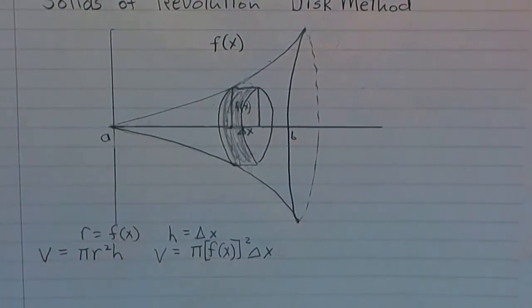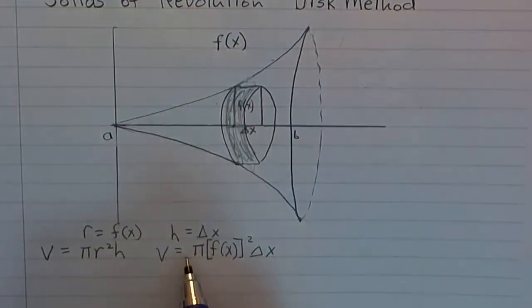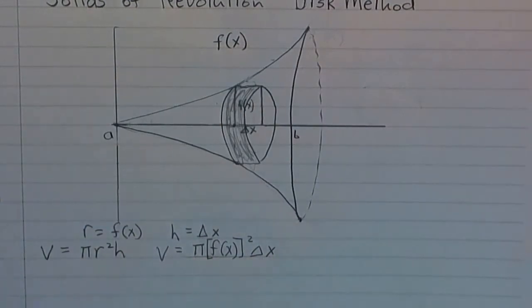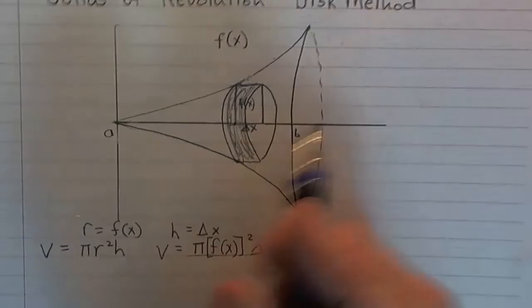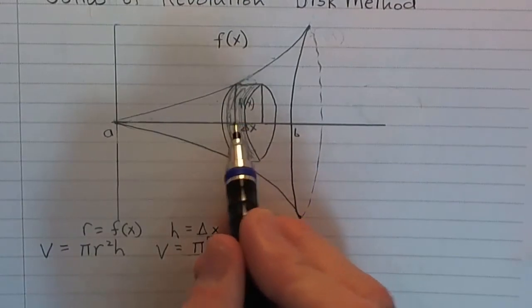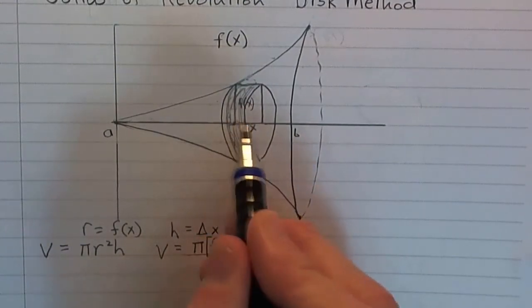Just like when we were introduced to integration, we added up all the areas of those little rectangles, and that was an approximation for the area under the curve. Well, we want to do that for these disks. We want to add up all of these little things. Now remember, what an integral does is it adds up an infinite number of these super small, flat little disks, right?